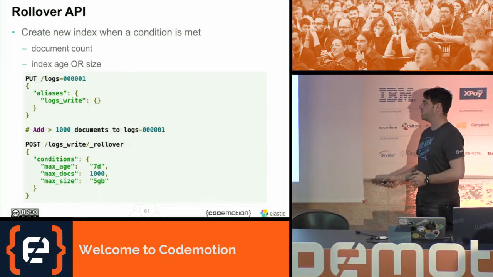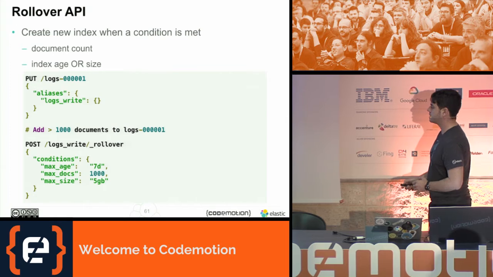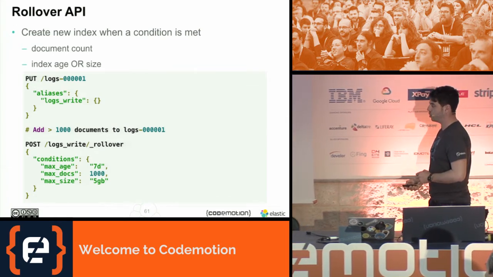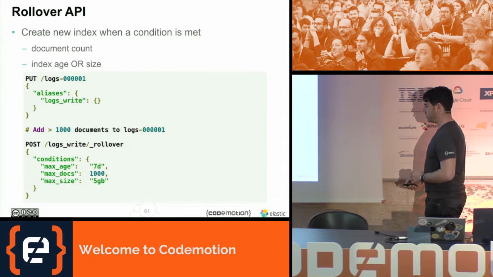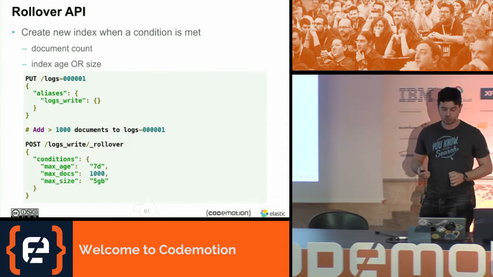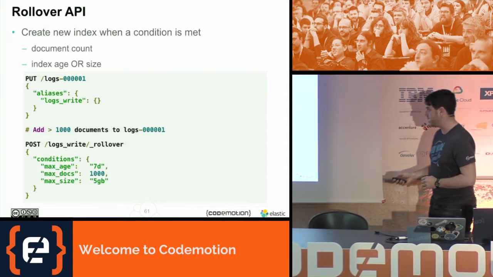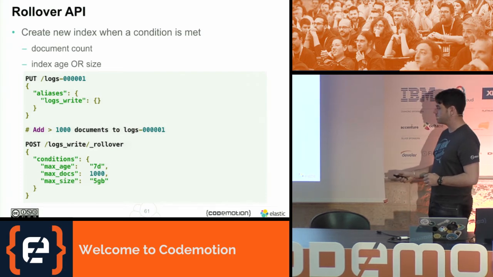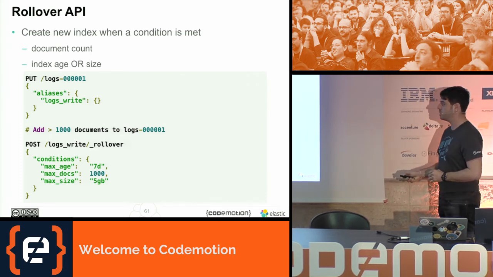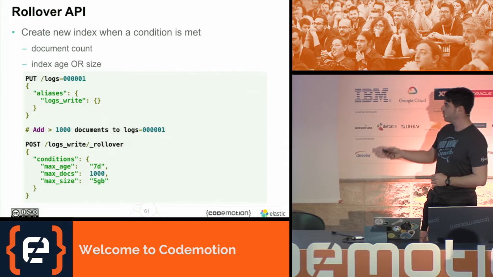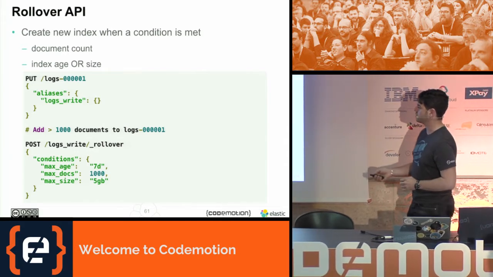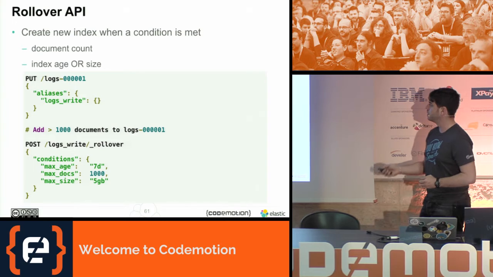In this case, we say when an index is at least 7 days old, or has at least 1,000 documents, or has reached 5 gigabytes in size, then we want to roll over the index. Elasticsearch will create a new index following this template with this nomenclature. So we create logs-00002, and this was introduced at some point in 5.x.